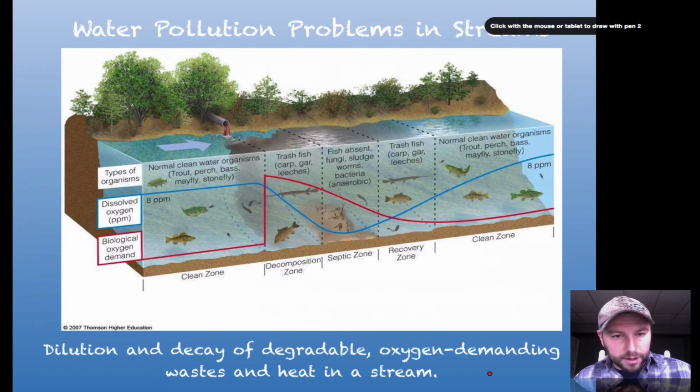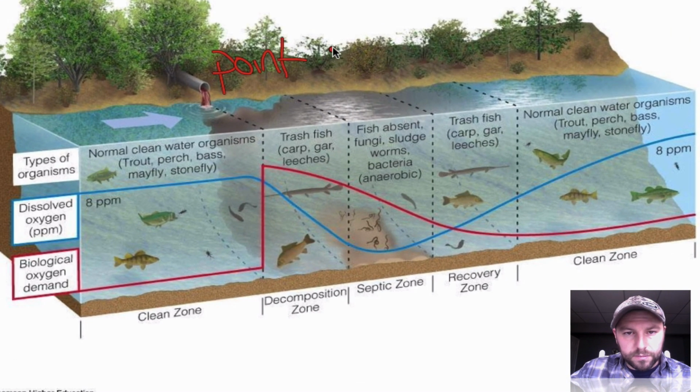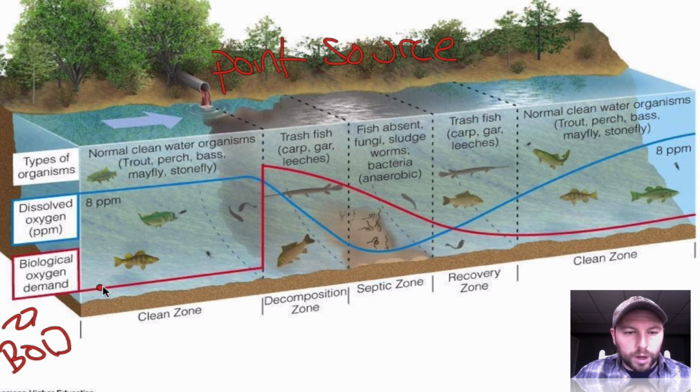So in this curve here, which I would definitely get down, we have our point source pollution. And you can see our dissolved oxygen is roughly 8 parts per million. So for the organisms that we see here, things are fine, and our biological oxygen demand, or BOD, is quite low. Remember, we've talked about this before with bacteria.